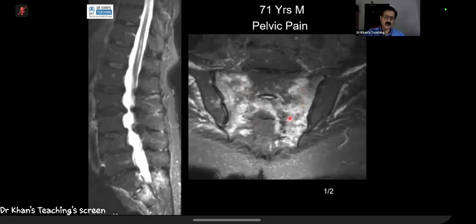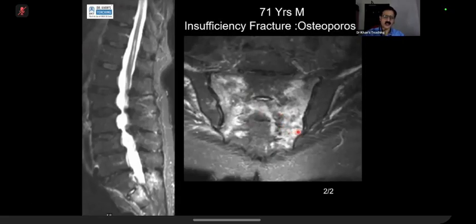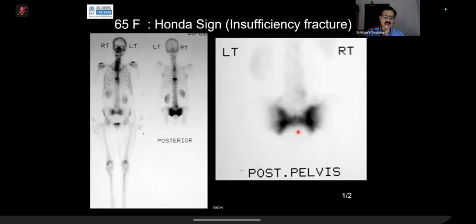And look at the shape. It is H shape. We call it the Honda sign. And this Honda sign, of course, is an exam case on a nuclear scan. It can come on a nuclear scan. So this is the Honda sign.